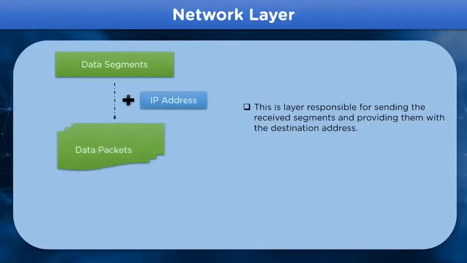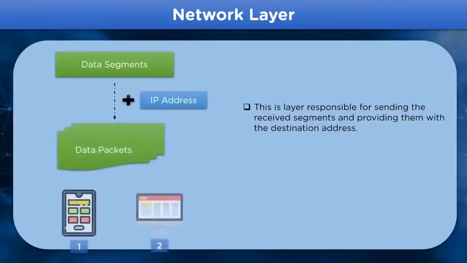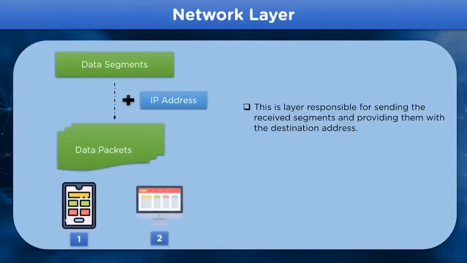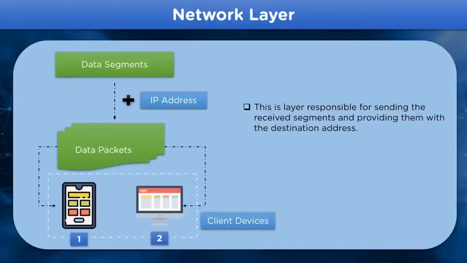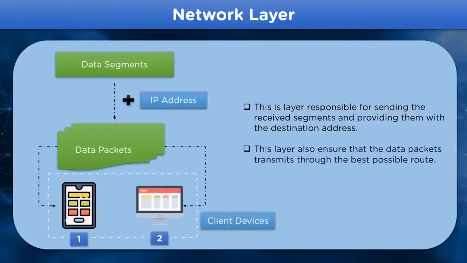These data packets are then transmitted through the best possible route to the destination system, which is governed by the Internet protocols, including the IP and IPv6 protocols. For example, if we have data that is to be transferred to network device 2, we choose the best route to transfer it to that network device.